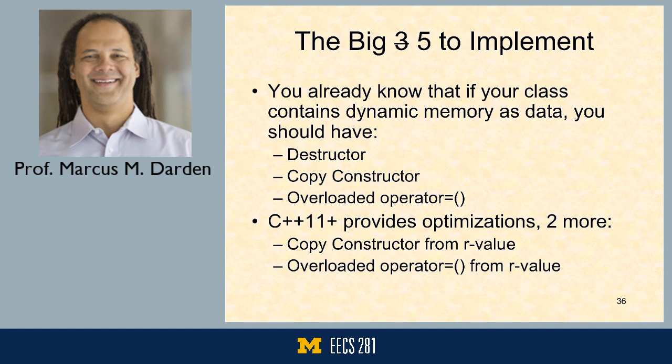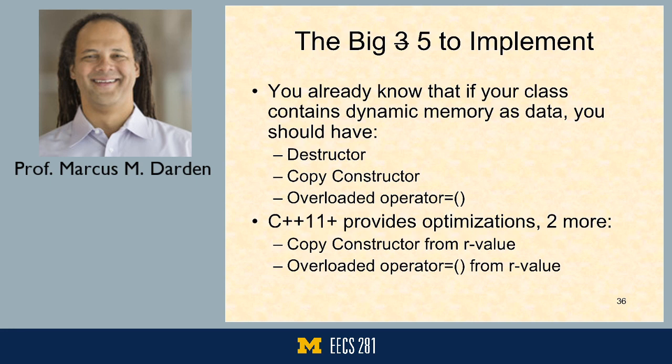Since C++11, we've got a couple more optimizations, which is copy constructor from R value, overloaded operator equals from R value. We're not going to talk about that in 281, but the brief on that is when the compiler knows, for instance, an object is getting ready to go out of scope, if you want to say, I would like to return a vector from this function.